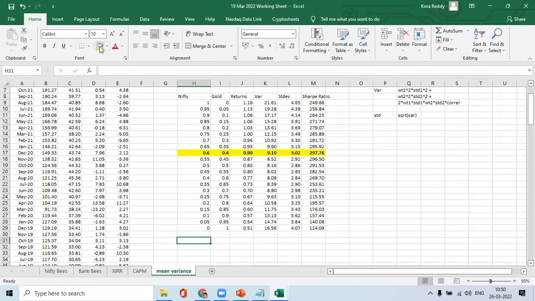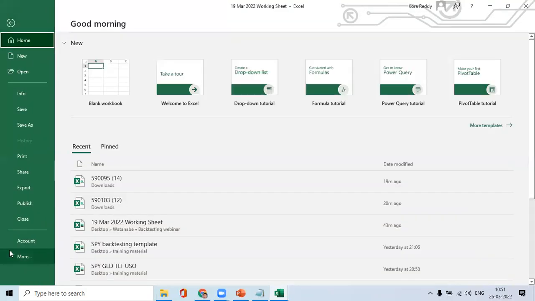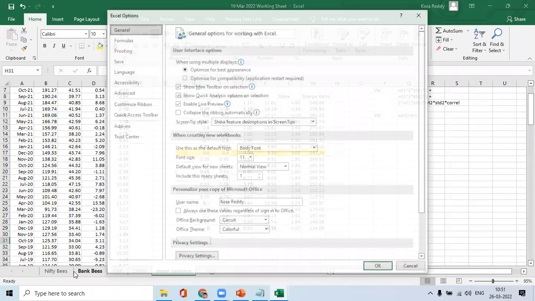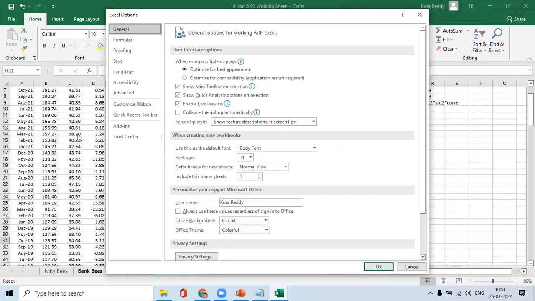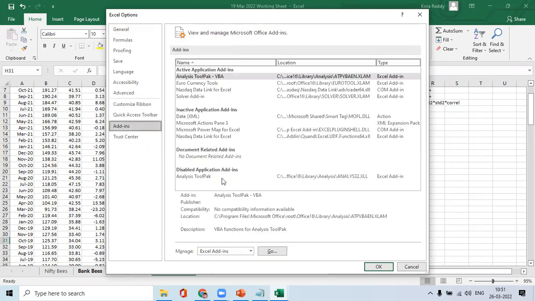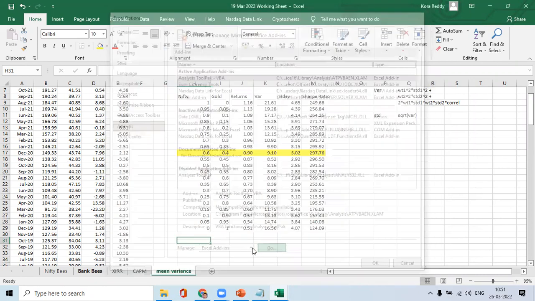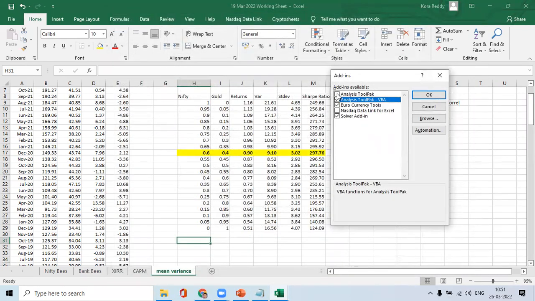The same way you install this one: options, add-ins, Excel add-ins, go, and this Solver.